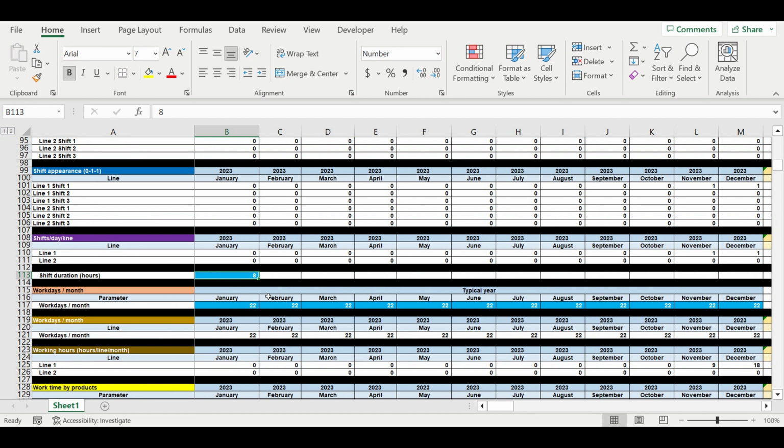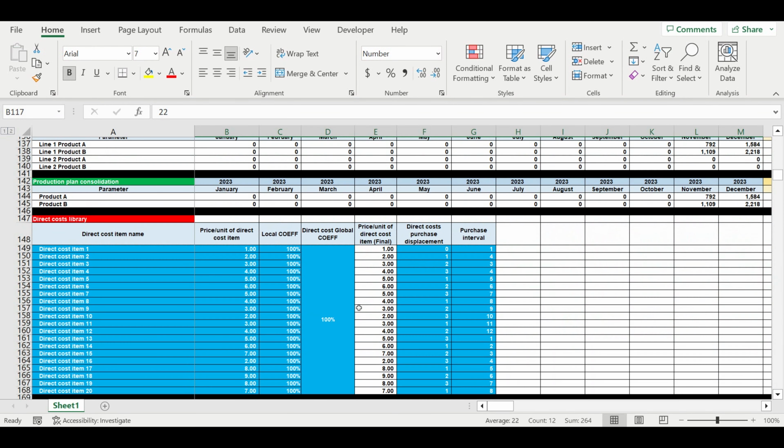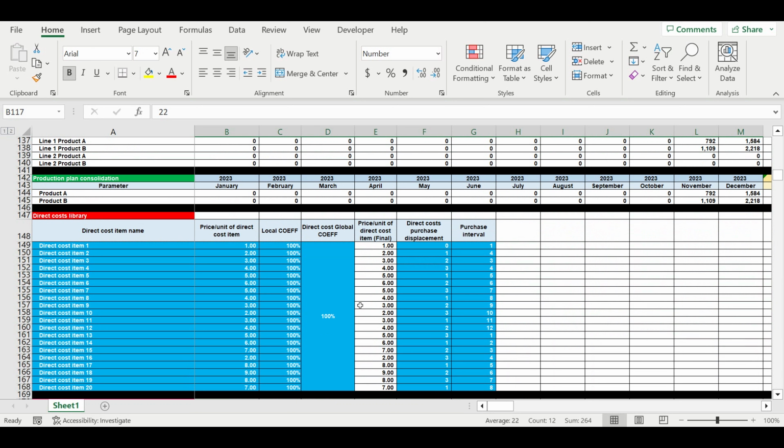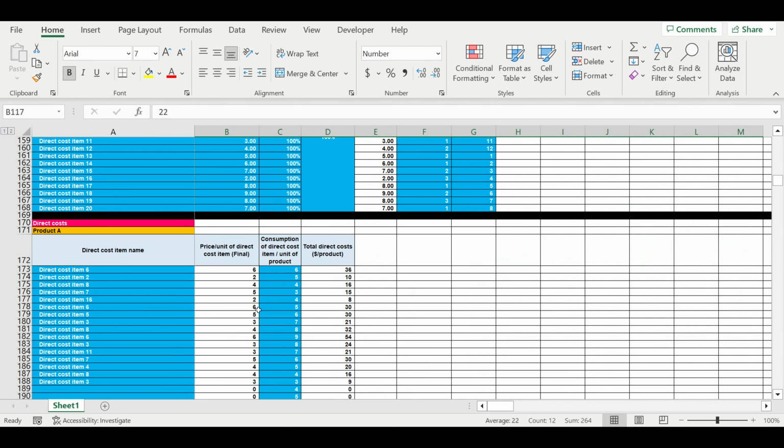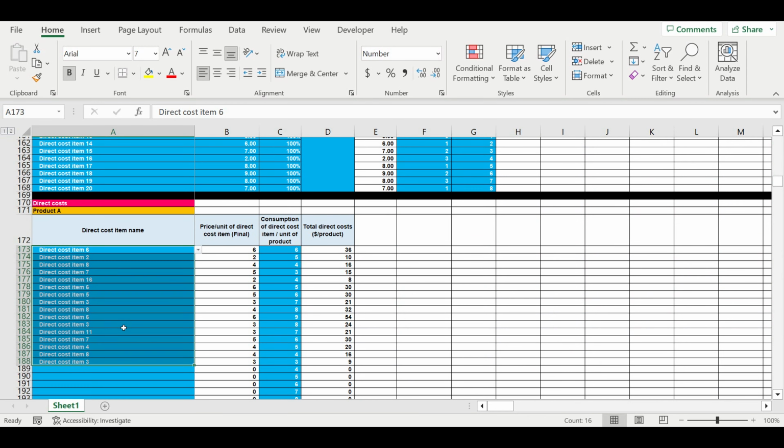Then we moved to specifying the amount of work days inside the typical year. Then the delivery of raw materials which participate in our product A and product B manufacturing process. Then we started talking about the investment plan.